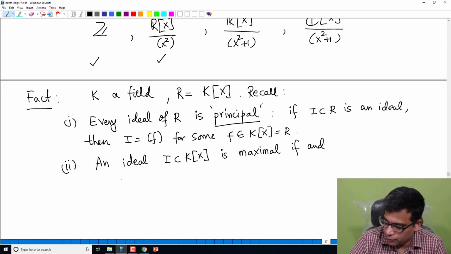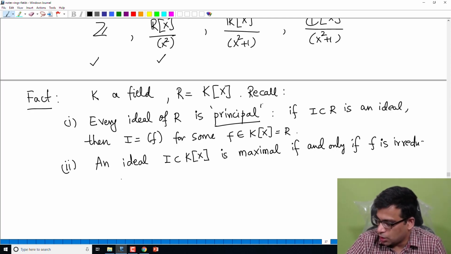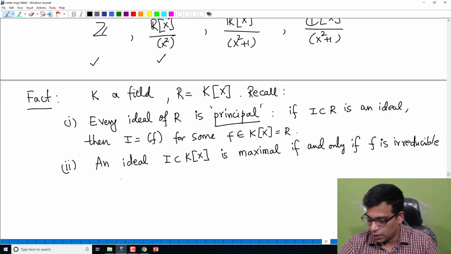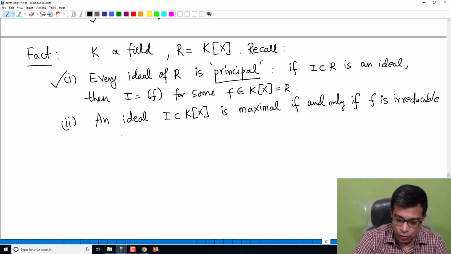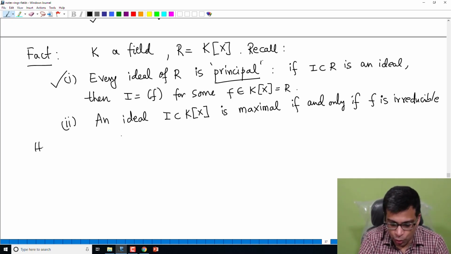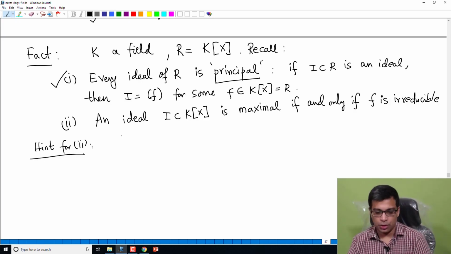This is not a difficult exercise, so I will just give you a quick hint to do this. The problem is not to do this exercise, so I would like you to prove it for yourself, but I will give you a hint.